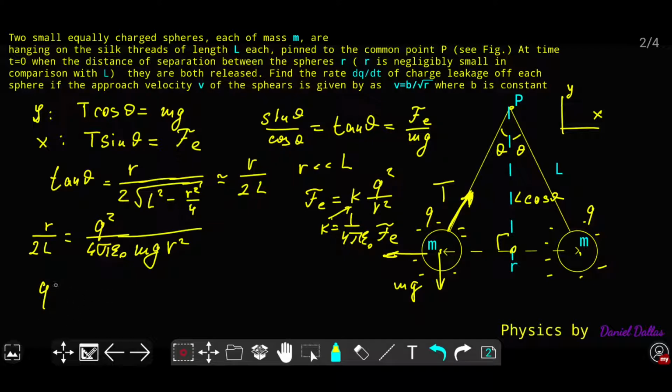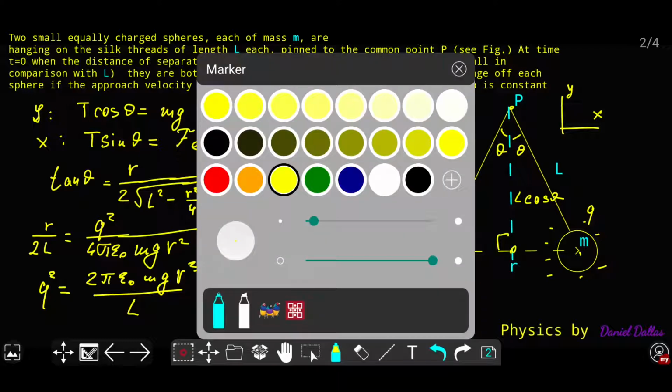So let's take Q squared from here. Q squared is going to be equal to 5 pi epsilon 0 and G R cube over L. So that's going to be the final expression. Yeah, I think that's correct.